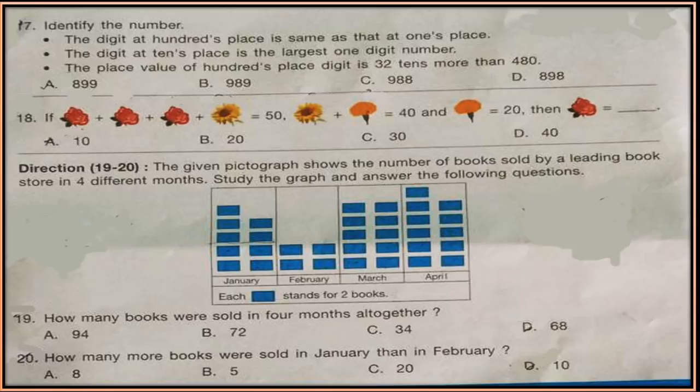Now next question 19 to 20. The given pictograph shows number of books sold by a leading bookstore in 4 different months. Study the graph and answer the following question. Now books sold in 4 months is given. So how many books were sold in 4 months altogether?